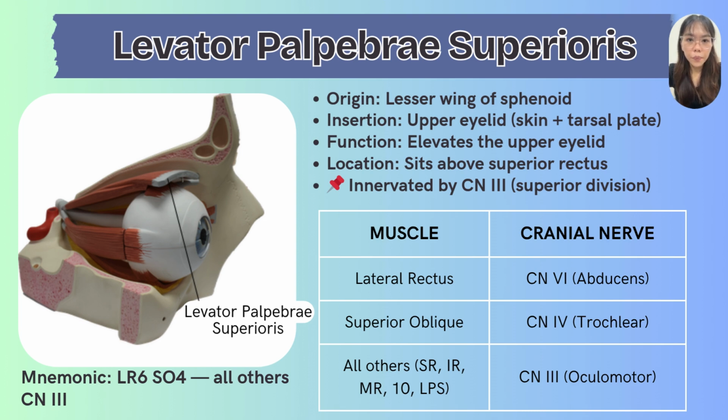The levator palpebrae superioris is responsible for eyelid elevation and is supplied by CN3. In the next slide, we will look at each of these muscles in more detail, their action, nerve supply, and how they contribute to eye movement.